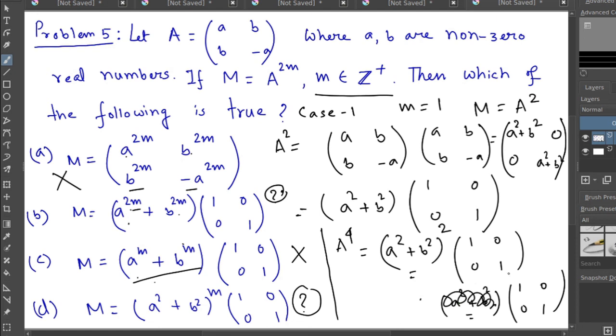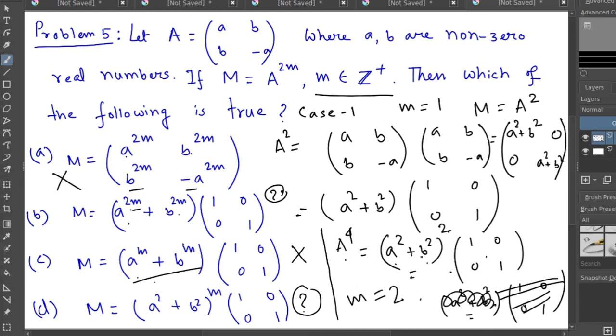And this is an identity matrix, and this is an identity matrix. If we multiply two identity matrices, I into I, it will again be I, so it's not contributing anything. So ultimately we are getting a square plus b square whole square times the identity. So when m equals 2, we are getting A to the power 4 as this.